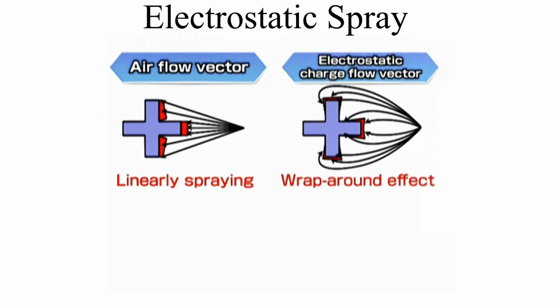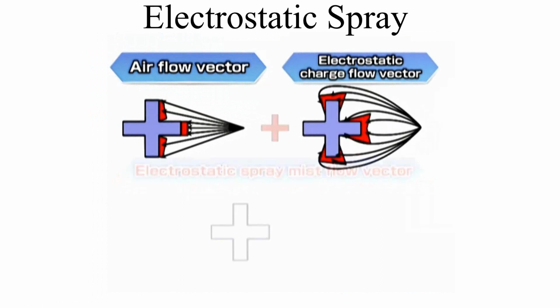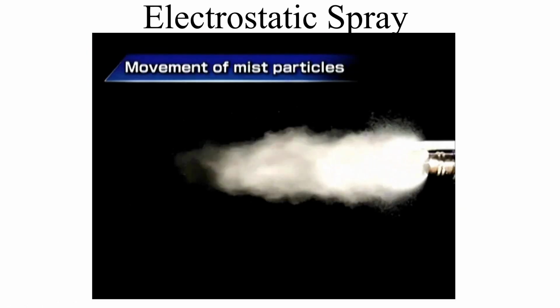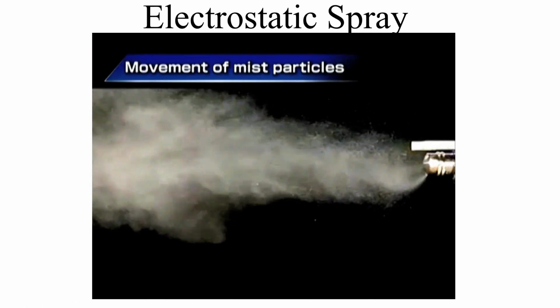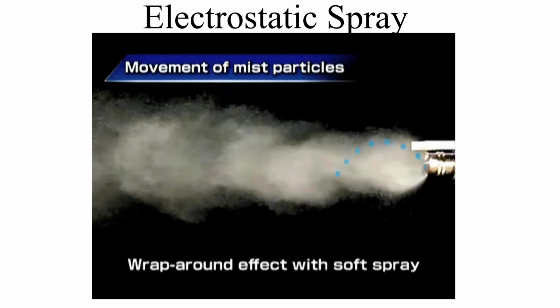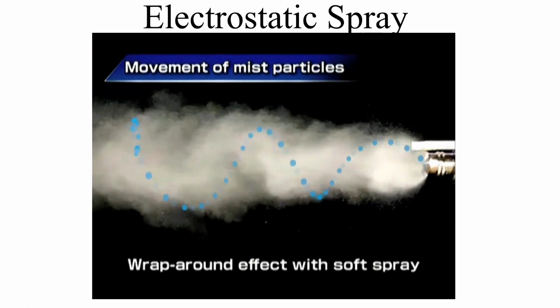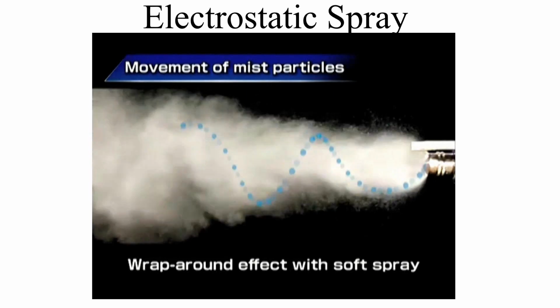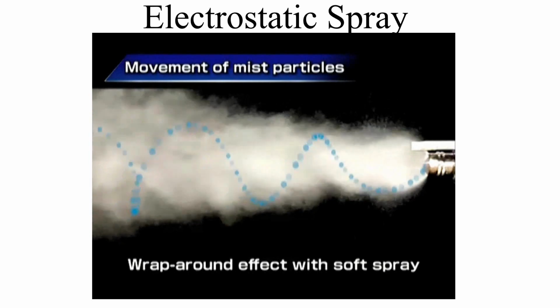Normal spray can hit areas of contact. Electrostatic spray can actually wrap around. And then if it's a mist, it actually gets better coverage in a wraparound. So here's some examples of that. We're going to want a very fine mist with some sort of a vortex to that mist.